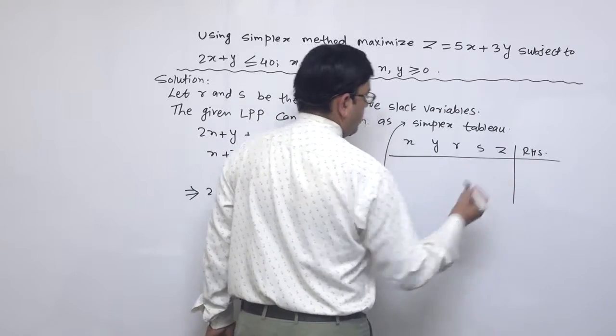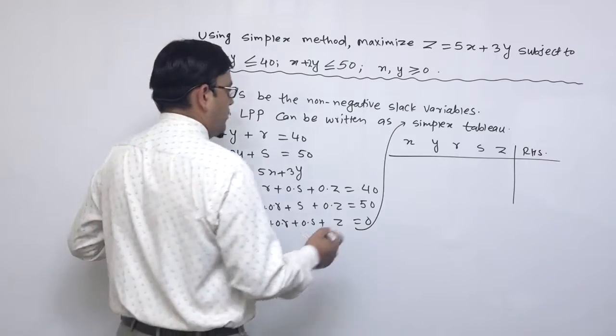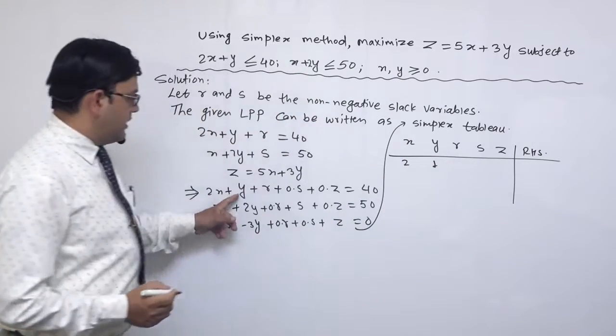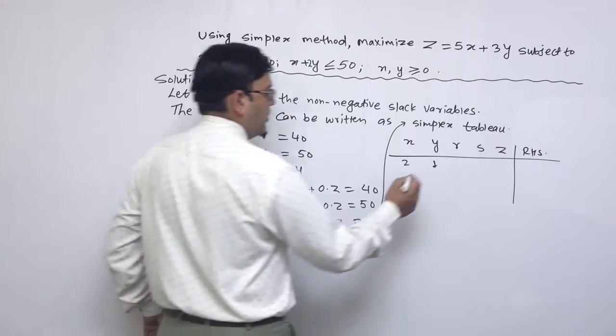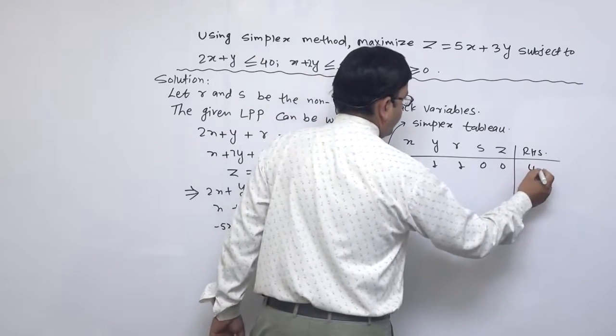Let's look here. What is the coefficient of x? It is 2, and then here is 1, r is also 1, s is 0, z is also 0, equals RHS 40.